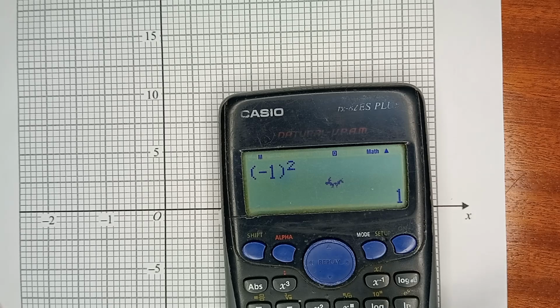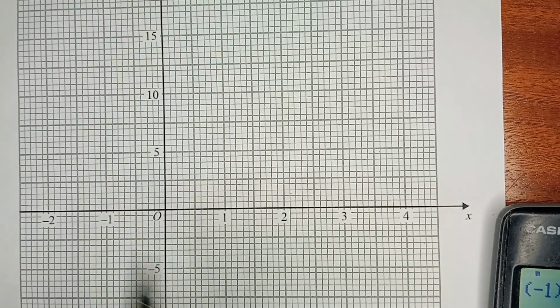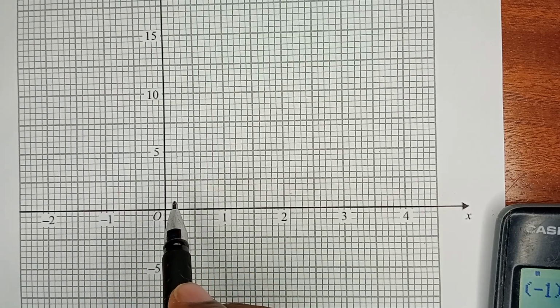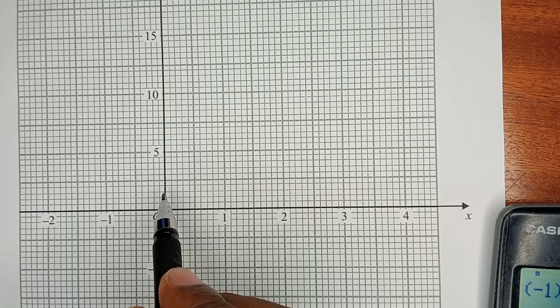All negative numbers, when squared, become positive, so when x is -1, y is also 1. This is -1 along the x-axis and this is 5 along the y-axis, so we should be able to identify where 1 lies here.